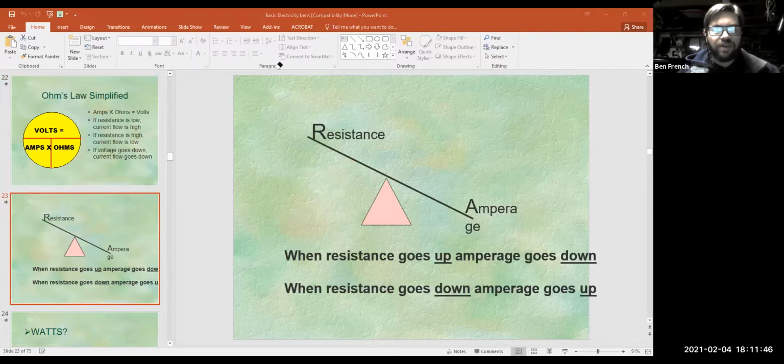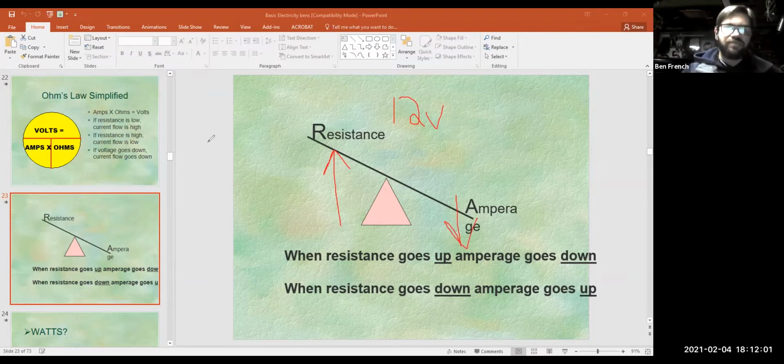If we have our same 12 volts, I'm going to write it up here again, that means Ohm's law is telling us, if the resistance goes up, the amperage has to go down. Likewise, if the resistance went down, the amperage would go up, right? So those two things work back and forth. If your voltage stays the same, it's all about this teeter-totter between resistance and current flow.